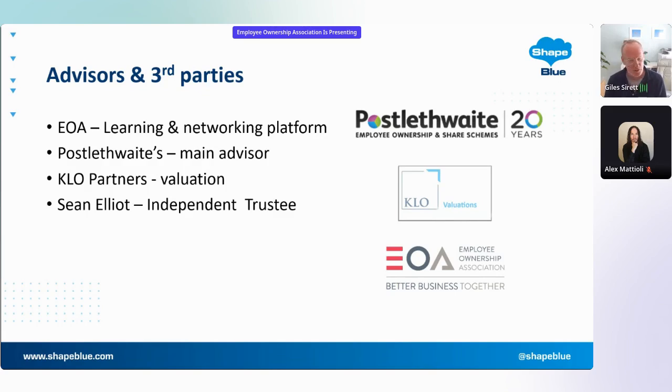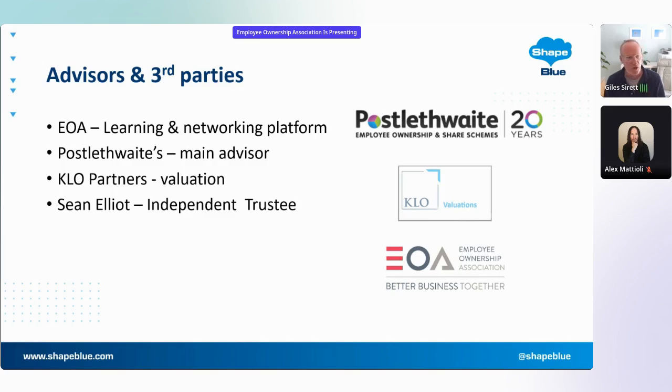So I must have spoken to 15, 20 different organizations, mainly put in touch through the Employee Ownership Association, just to find out how it had worked for them, where it went wrong, what their problems were. And the good news is everybody said this has been a great thing for our business, but I wanted the details.